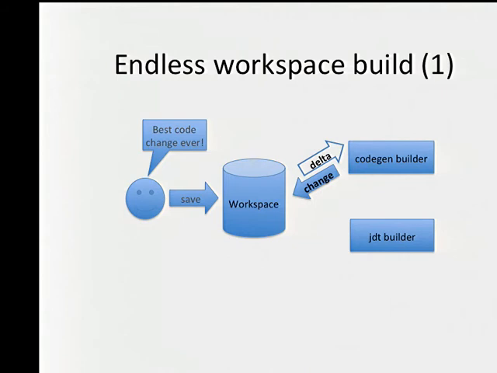So let's say we have a project that has some code generation plugin enabled and Java compiler enabled, right? And let's say the original change modifies the README file in the root of the project. But the code generation builder is not implemented properly, right? So let's say it wraps a Maven plugin directly and just delegates to it without thinking much.